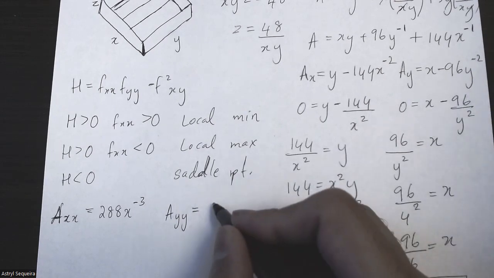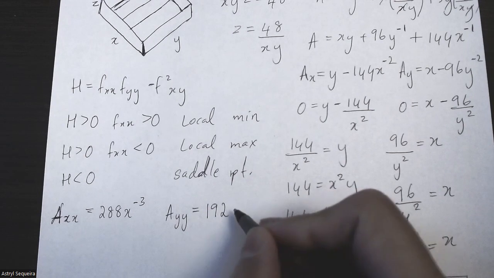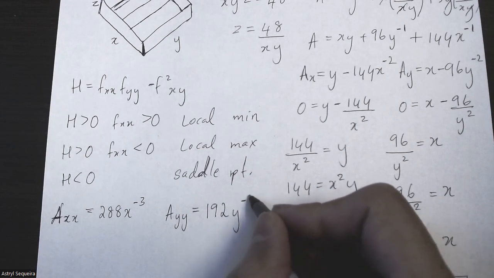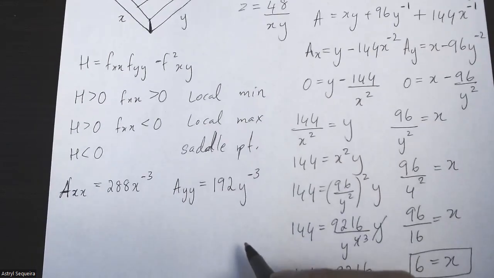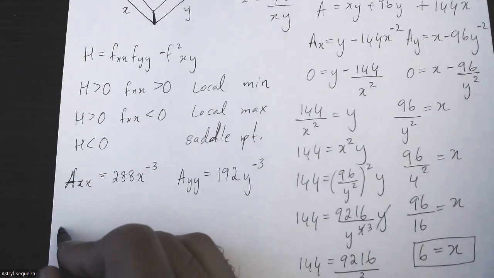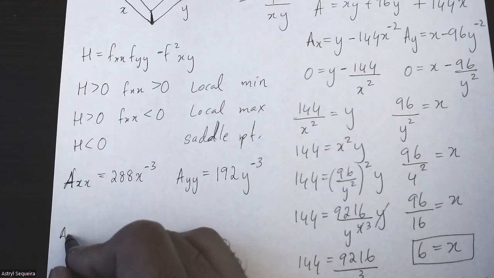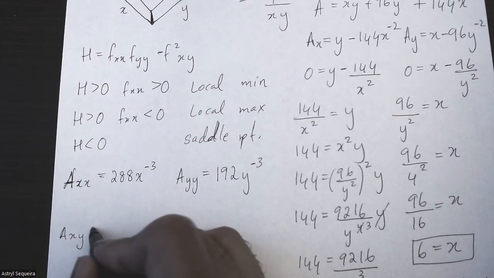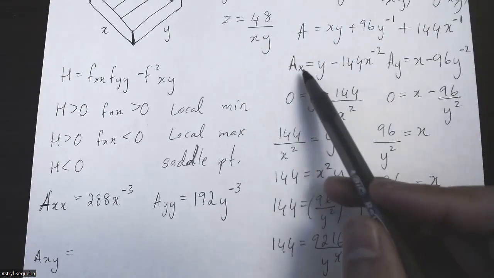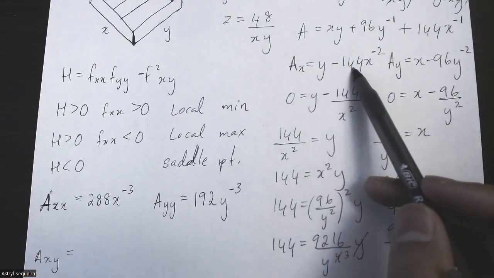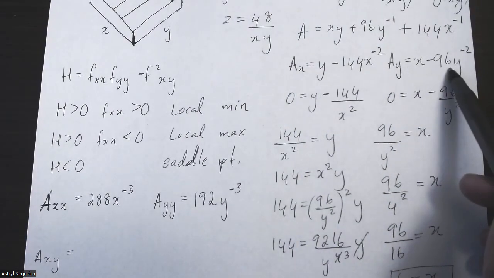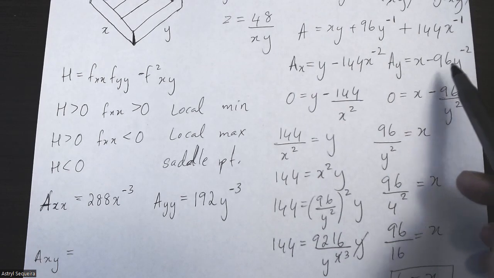This becomes positive 96 times 2 is 192 y to the minus 3. And then I'll leave a bit of space because I'm going to simplify those in a second. I'll find axy. To find axy, you can either derive ax in terms of y or ay in terms of x. It doesn't matter, you should get the same answer for both.